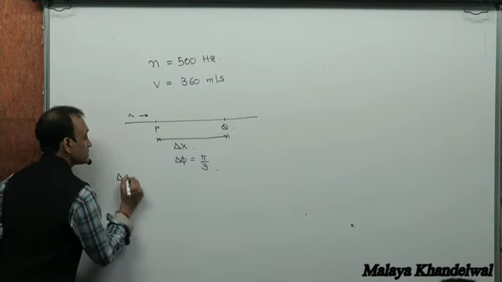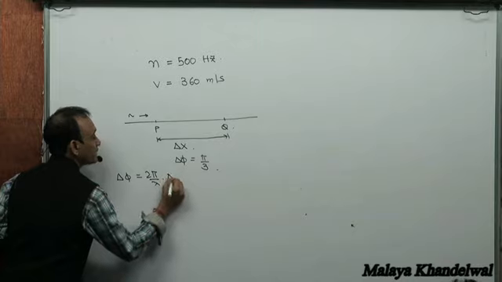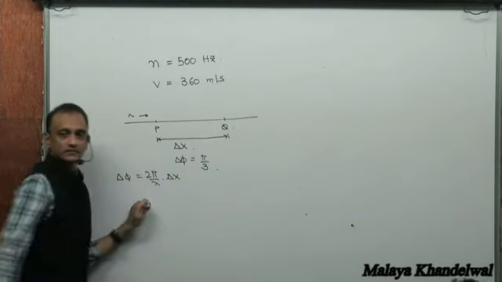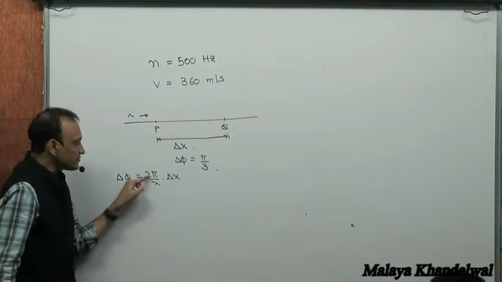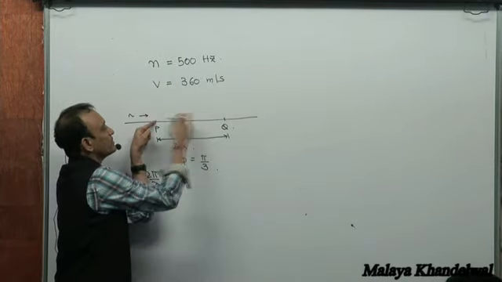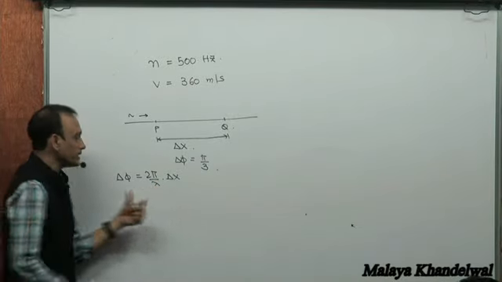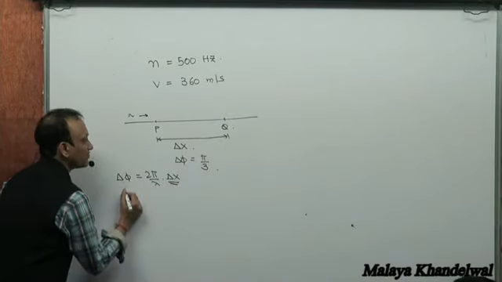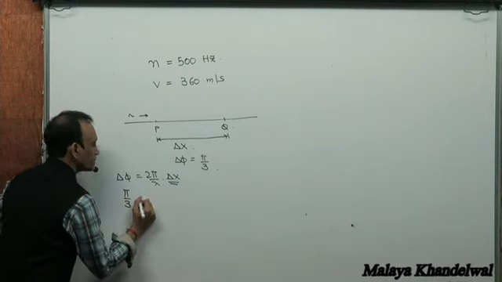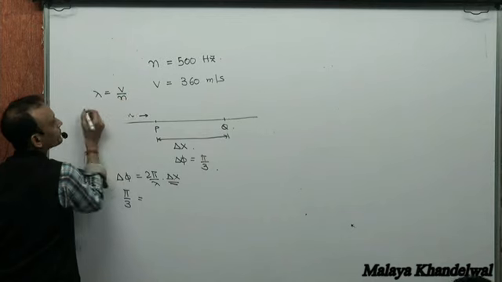Phase difference is 2 pi by lambda into delta x between 2 points. 2 pi is the phase difference for a separation lambda. So for the same wave train, for a separation delta x, this will be the phase difference, right? I want to find delta x. Delta phi is pi by 3. Now what is lambda? Lambda is v by n, right?